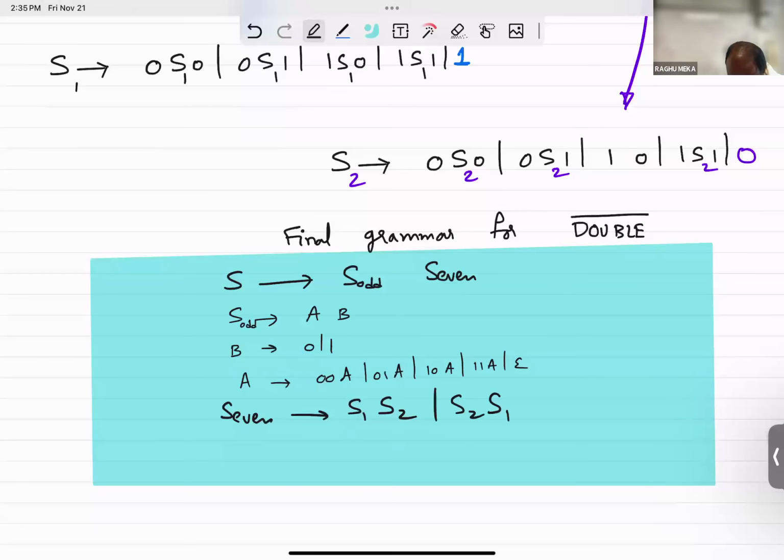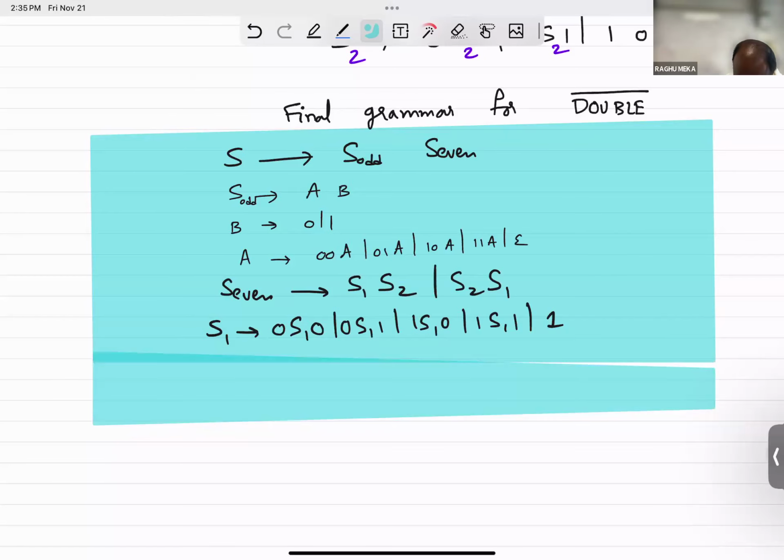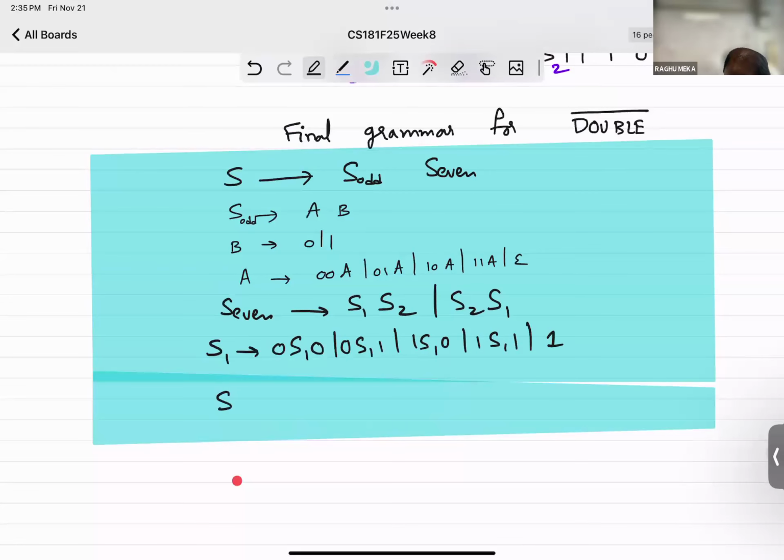And then I have the same rules. So S1 goes to... You can potentially save variables, rules, etc., but we are not too worried about that, so that's okay.